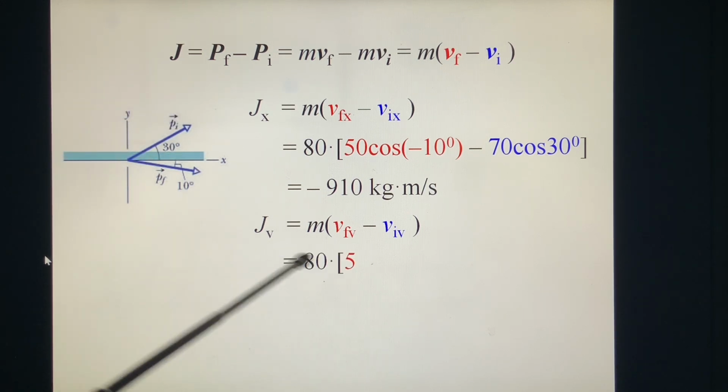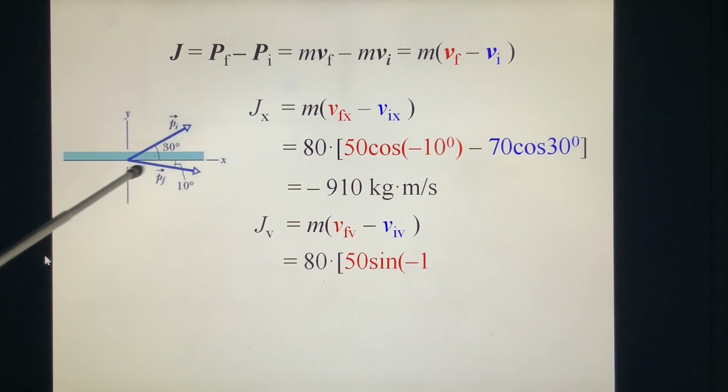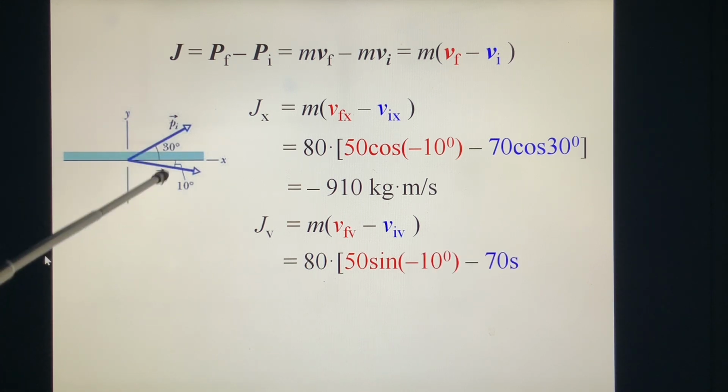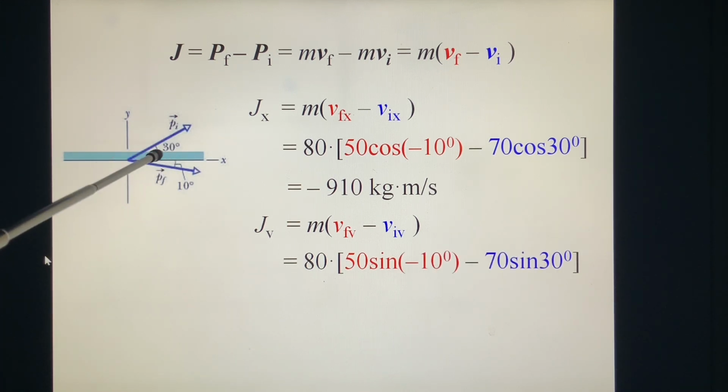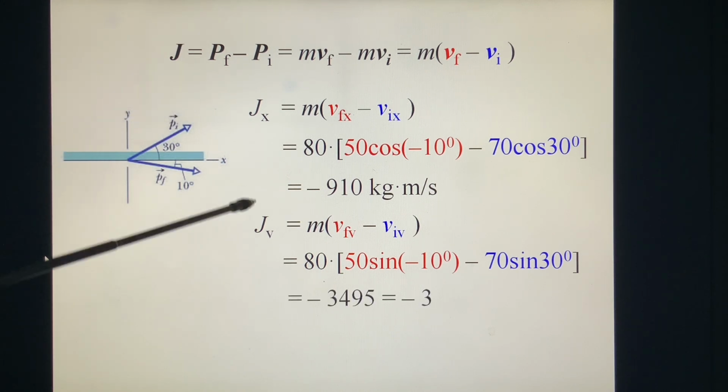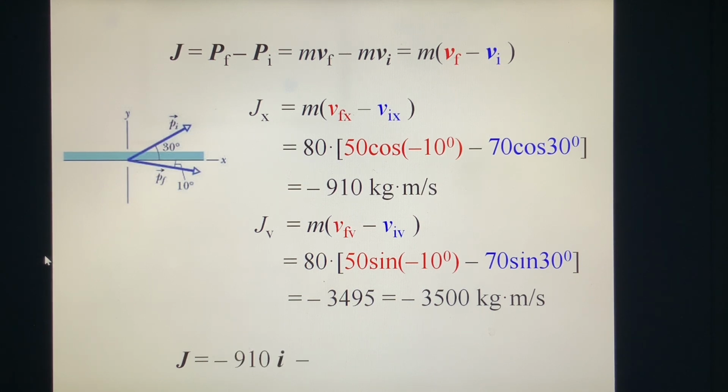So we put 50 sine of minus 10, which is a negative number, minus 70 sine 30, a positive number. We get J_x and J_y, then we get J, which is J_x i plus J_y j. We can get its magnitude and direction too.